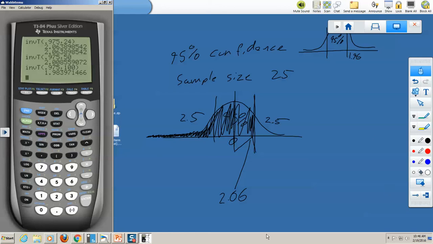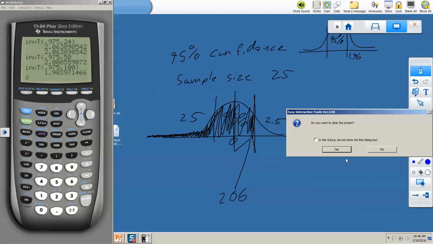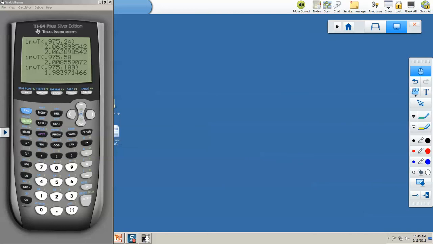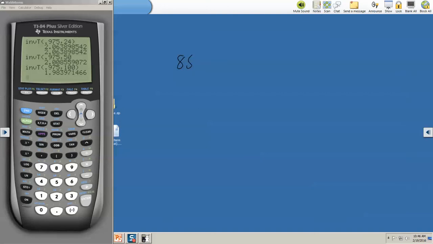Okay. One last quick example, just so we can do it with something other than 95. Let's do something that's a confidence that is kind of like random, right? Let's do 88% confidence. Now, in terms of actual research, I don't know if anybody would ever use an 88% confidence interval, but let's use this wacky example just to show what's really happening with our calculators, right? 88% confidence, and let's use 66 as our sample size.